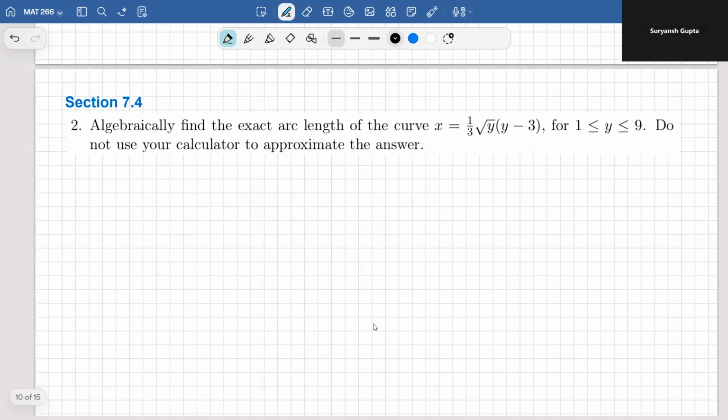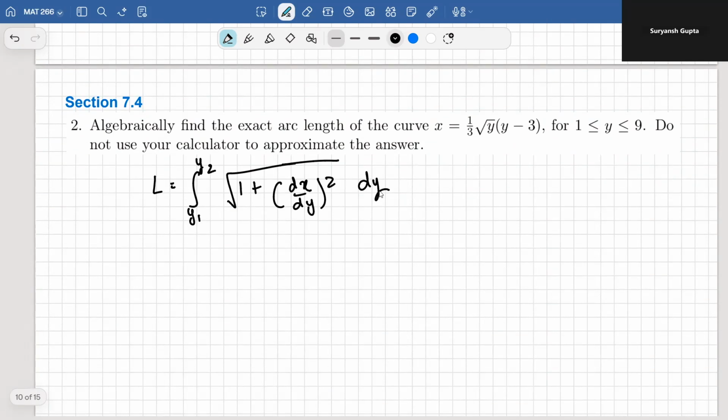To begin, we can first write the formula for arc length, which is L is equal to the integral from y1 going to y2, since we're doing it in terms of the y-axis or in terms of just all y's. And then the function is square root of 1 plus dx over dy whole square dy.